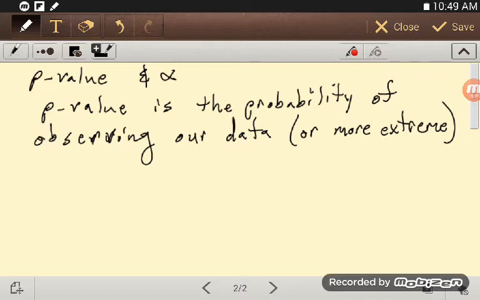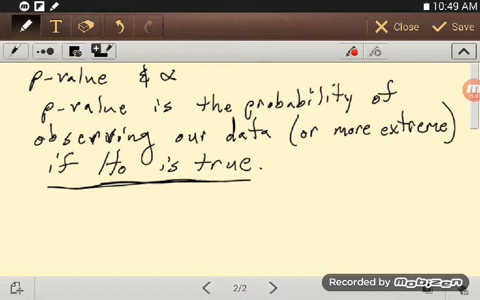But it's the probability of observing our data if the null hypothesis is true. So if the null hypothesis is really true, now we never really know whether it is or isn't, but if it is really true, then our p-value is this probability.